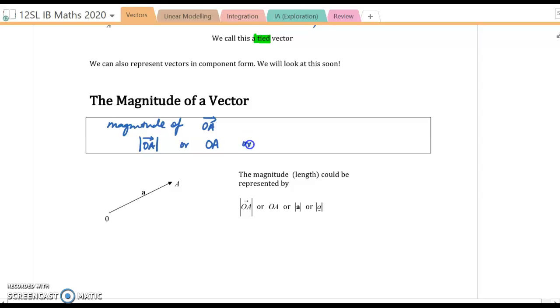So for vector A, we could have also done that, or that, or that. So that's essentially just referring to the length of the vector and not the direction. Another important feature is the tail and the head of the vector. So the tail is where it starts and the head is where the arrowhead is. Simple?